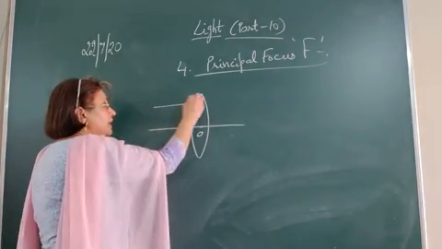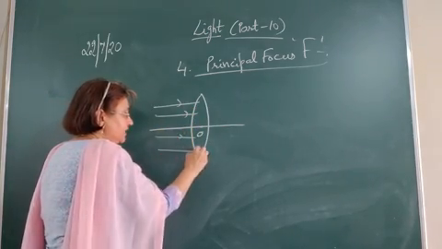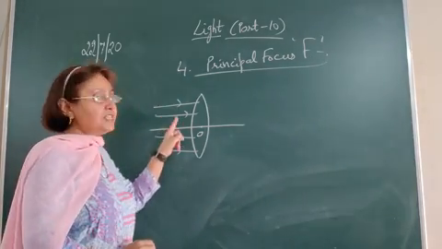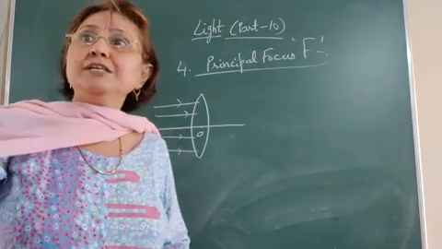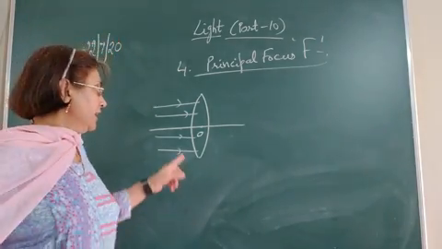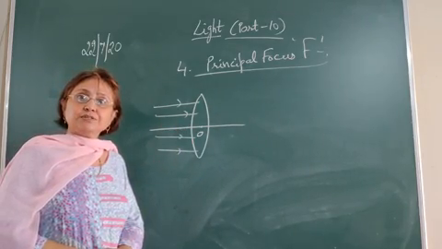Now a parallel beam of incident light, that is, rays which are parallel to each other. Parallel beam of light means the incident rays are parallel to each other and they are parallel to the principal axis.